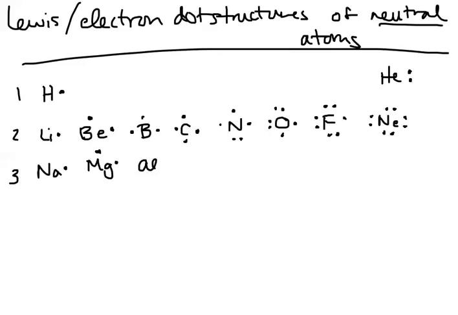So as you go across the table, row 3 looks exactly like row 2 because they have the same number of valence electrons as the one directly above it.